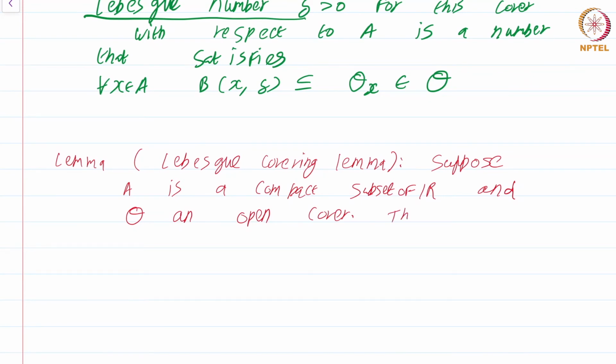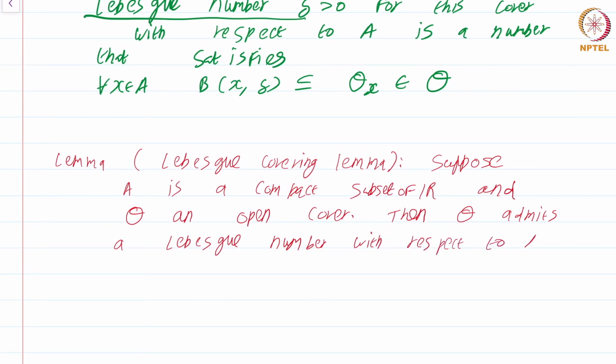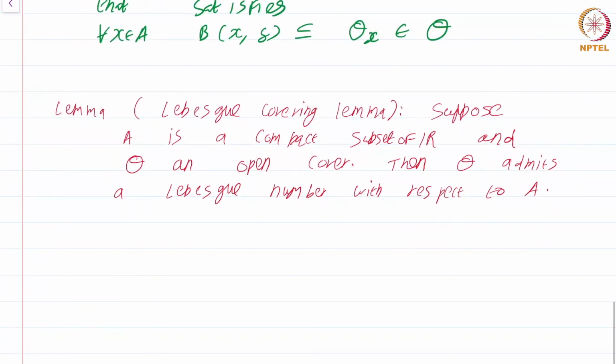Then O admits a Lebesgue number with respect to A. If you have a compact set and some open cover, then that open cover has a Lebesgue number with respect to this compact set. Proof. So this Lebesgue covering lemma is going to be the connection between open covers and compactness. So let's do this proof in great detail.